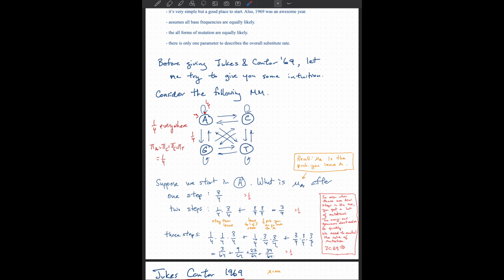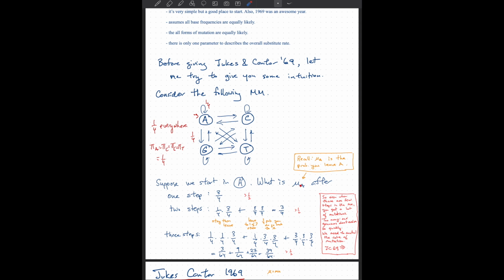What I'm going to try to establish is that having everybody equally likely, including the self arc, is a really high rate of mutation. It's not realistic, but I'll show you why. So suppose we start in state A. I'm picking on A today. What is the probability that I mutate away after 1 step? Remember, that's mu sub A.